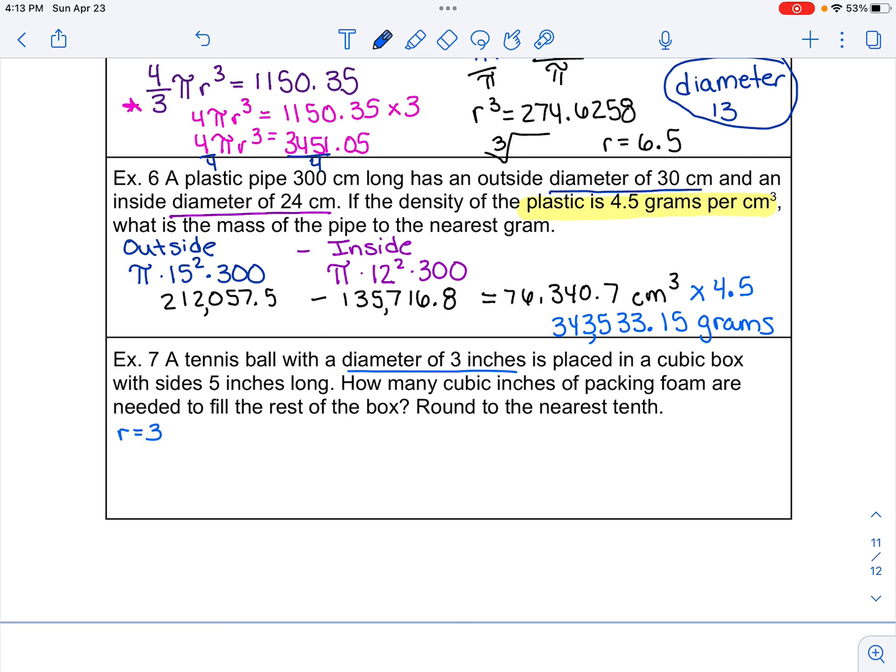So if we do the sphere, the ball first, we have 4/3 pi r cubed. Oops, instead of putting just the r cubed, let's say the diameter was 3. So over here, diameter is 3, the radius will be 1.5.